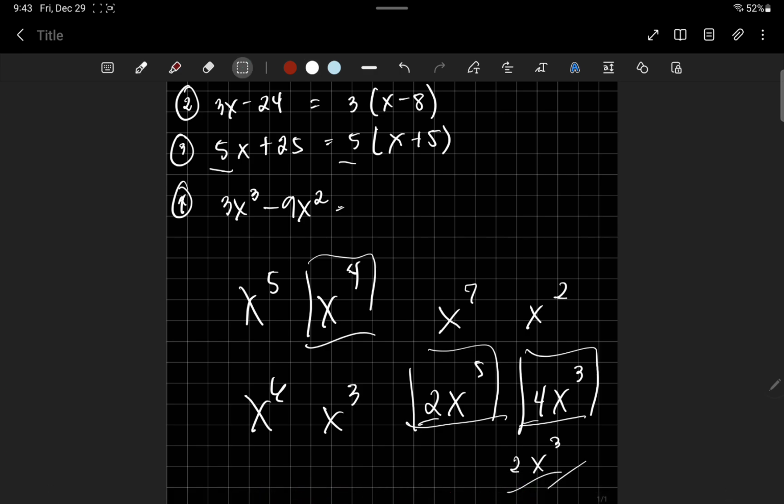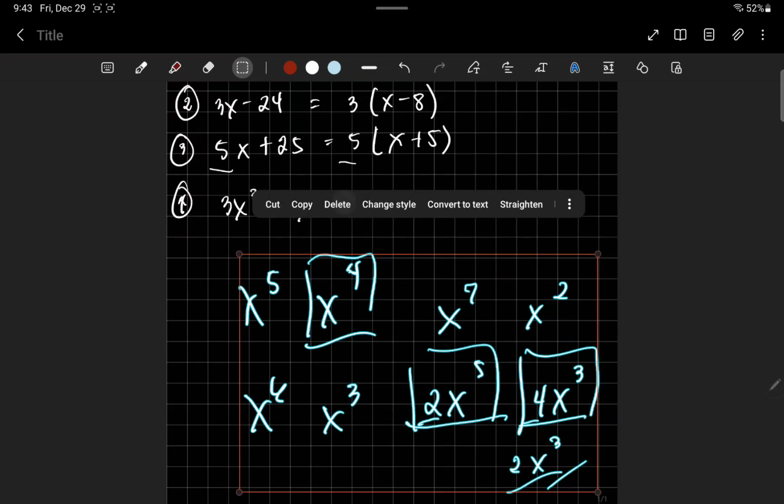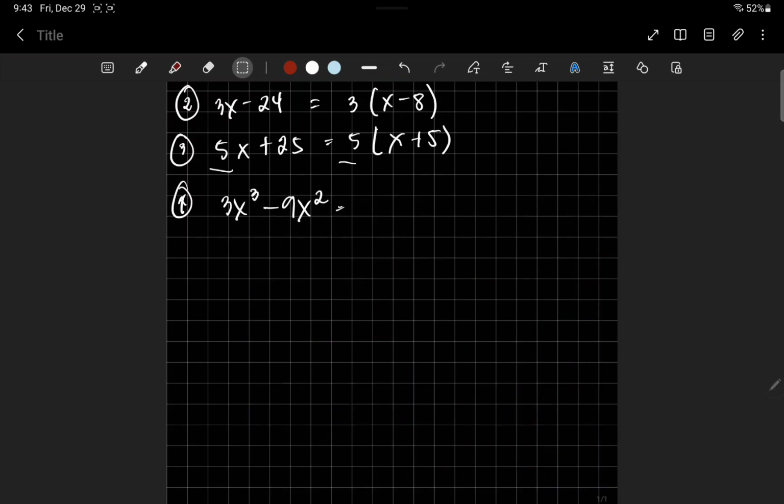So let's go back here. What is the common factor of 3x cubed minus 9x squared? So that is, okay, ano ba yung common factor between 3 and 9? So that is 3. How about si x cubed and x squared? So that is yung may maliit na value ng exponent. So that is x squared.